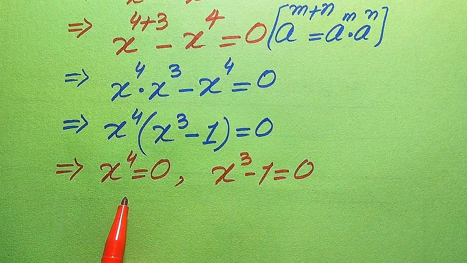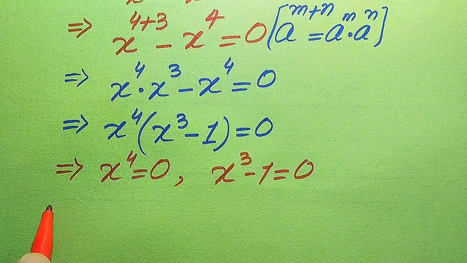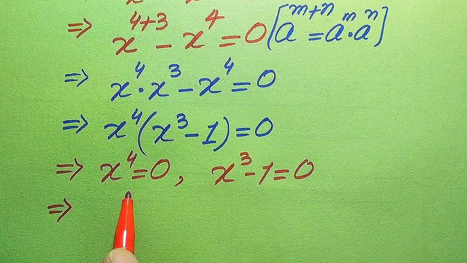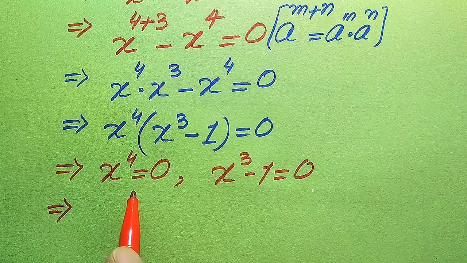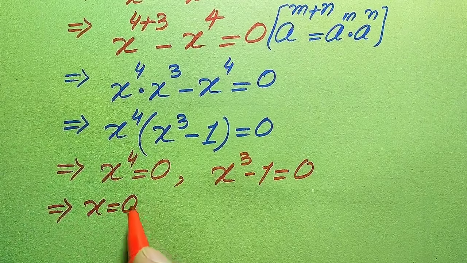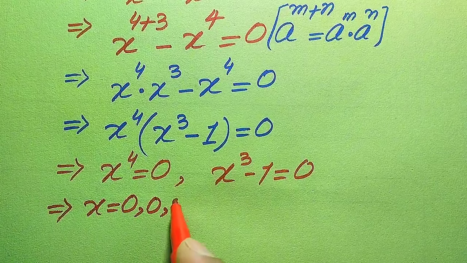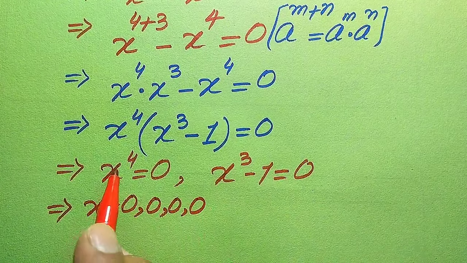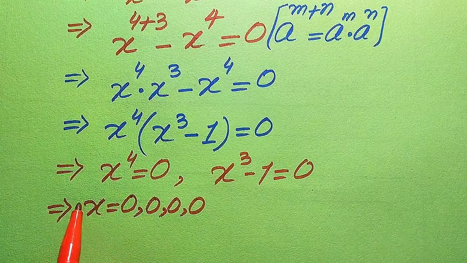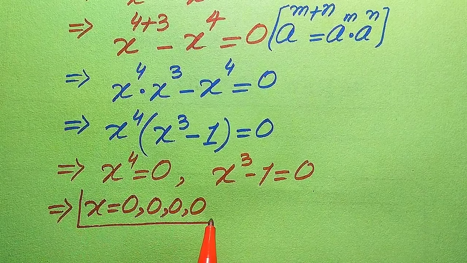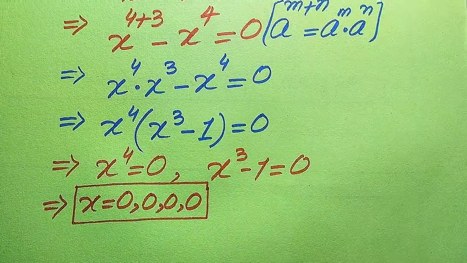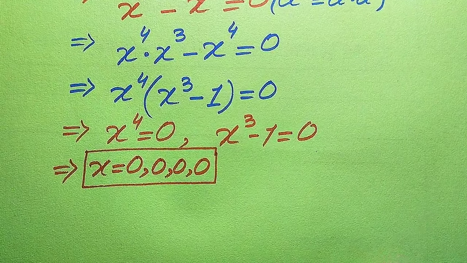So first we need to focus on this equation, and from here you see that we have x to the power of 4 is equal to 0, which means that this equation gives us 4 roots, and these 4 roots are equal roots, and these roots are 0, 0, 0 and 0, because x to the power of 4 is equal to 0, it means that x is equal to 0, 4 times. Okay, so these are the 4 repeated or equal roots of the given equation.